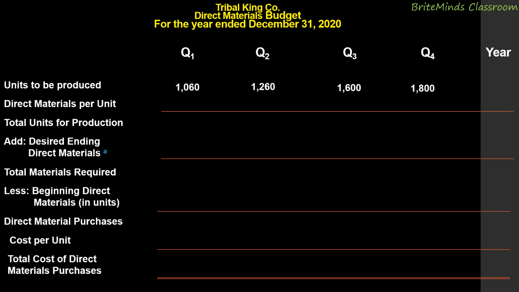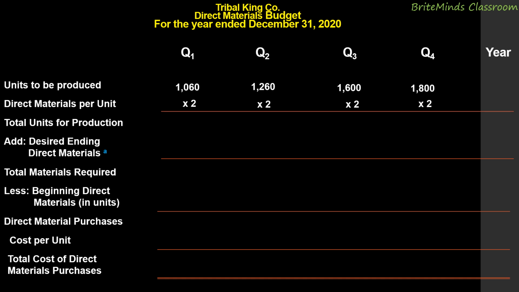So we have 2 units of direct materials for the first quarter, 2 units in the second quarter, 2 units in the third quarter, and also the same for the fourth quarter.